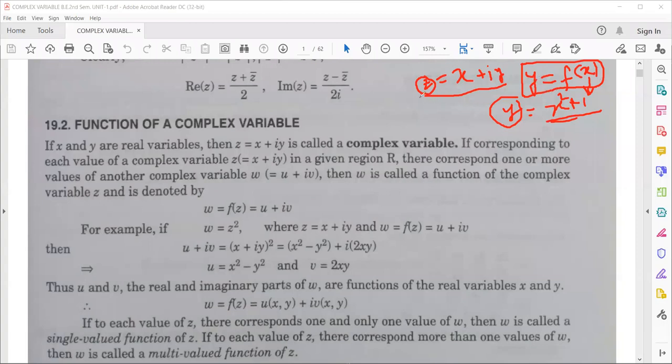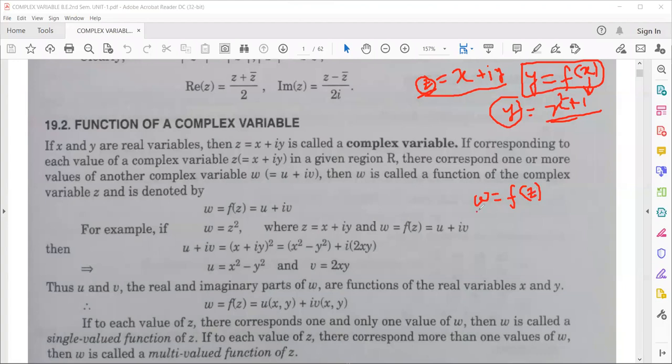Similarly, if z is a variable, this can be written as w is equal to f of z. Here z is a complex number. Just go on changing the value of z.